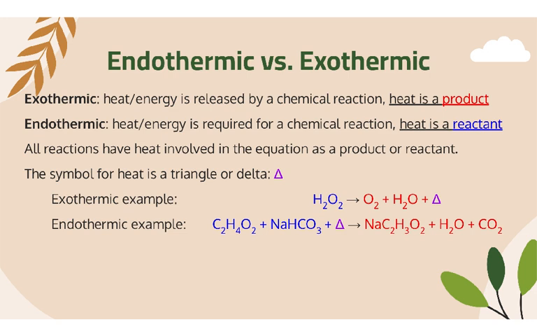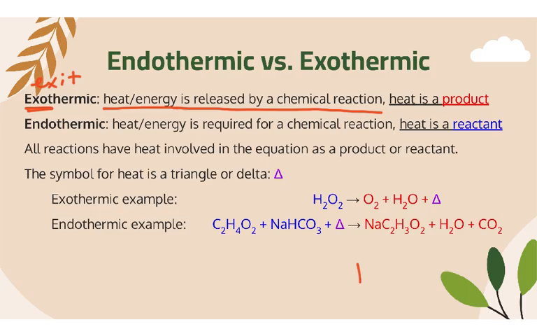And we classify that based on where is heat in the reaction. Because again, thinking back to our definition of thermodynamics, we are looking at how heat is released or absorbed during those chemical reactions. So in an exothermic reaction, heat or energy is released by a chemical reaction, meaning that heat is going to exit or be a product of our reaction.